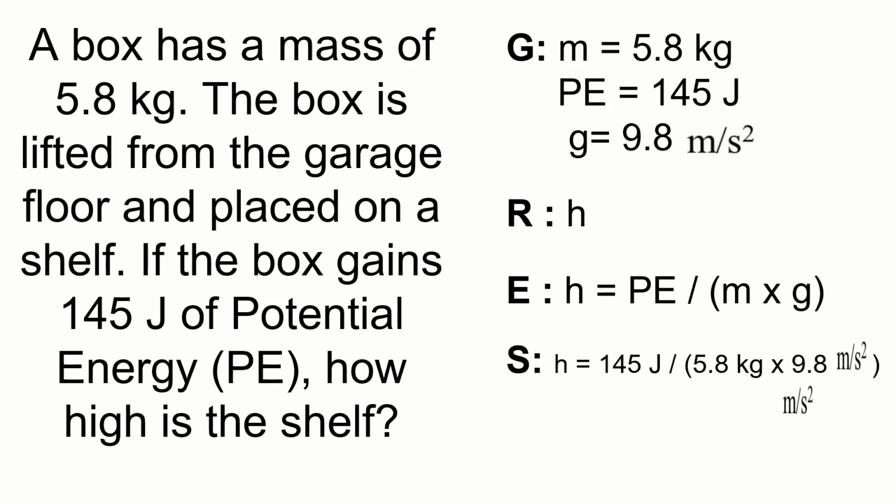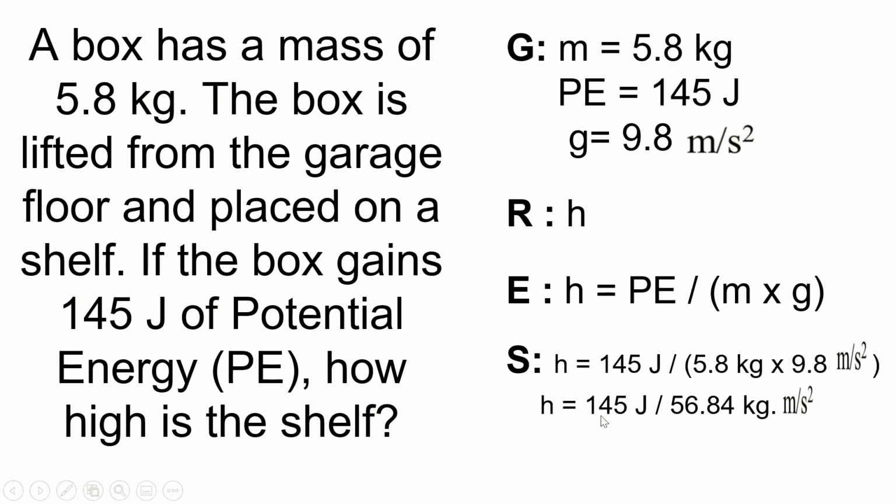Height is equal to 145 joules divided by 5.8 kg times 9.8 meter per second squared. So, paano na ang una nating gagawin? Sa una, kailangan muna nating i-multiply ang 5.8 at 9.8. 5.8 times 9.8 will be 56.84 kg meter per second squared.